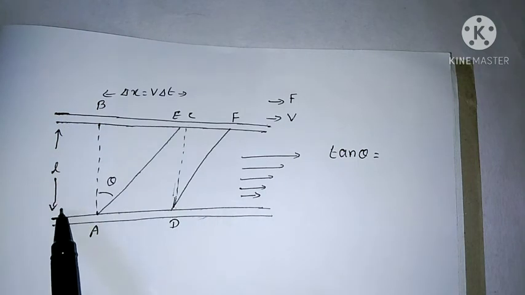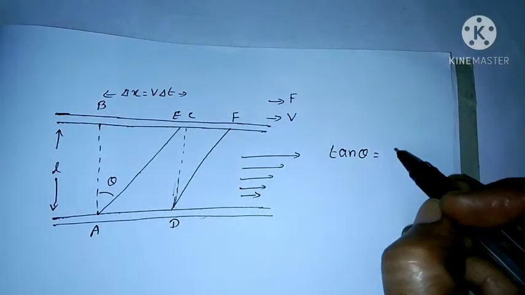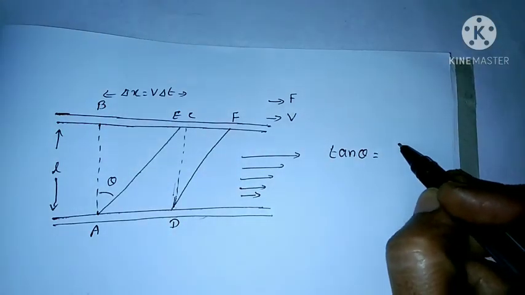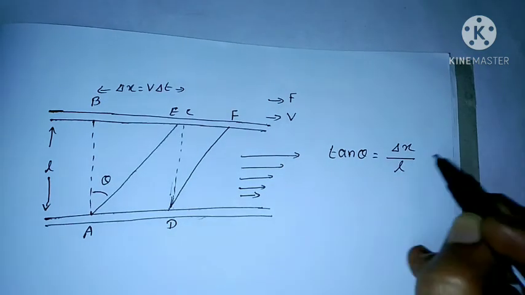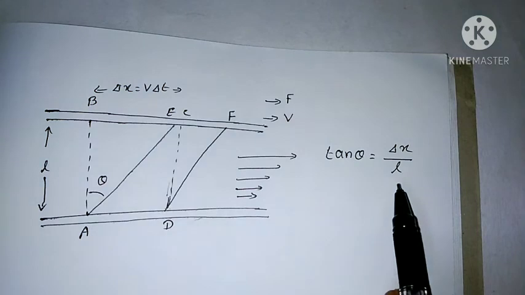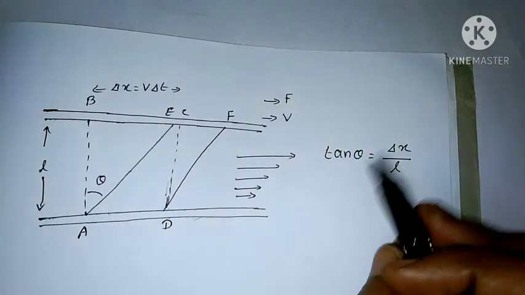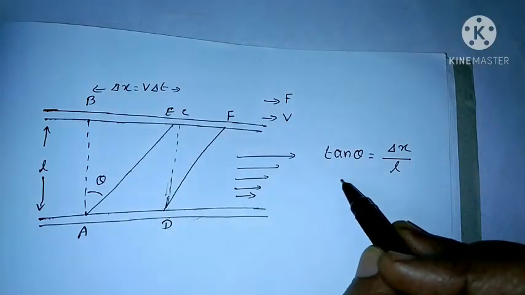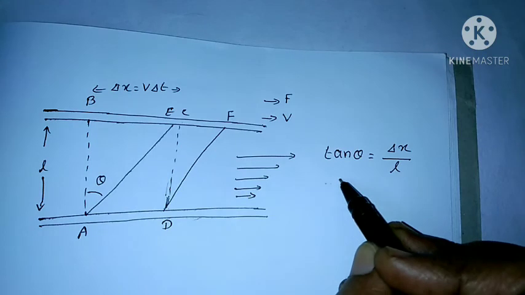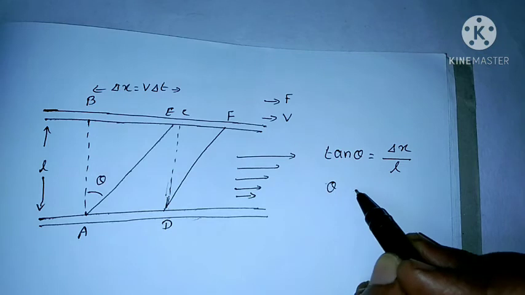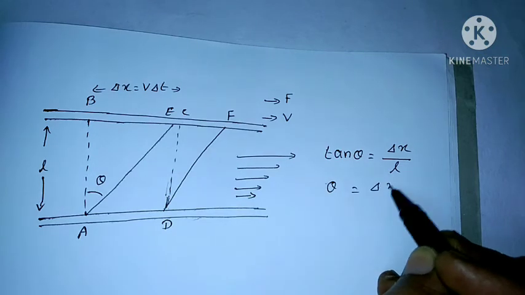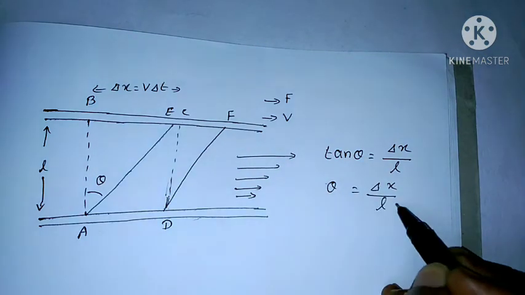Here the distance between the two plates is noted as L. So tan theta equals delta x by L. If theta is very small, then tan theta is approximately equal to theta. So we can write shearing strain theta equal to delta x by L.